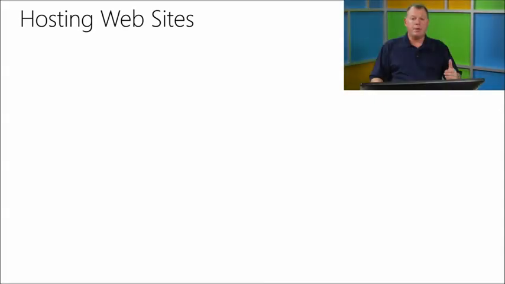Typically, you'll have server operating systems in the back end hosting these websites and web applications. We talked about IIS, which is Microsoft's implementation, but if you're running on a Linux machine, maybe you're going to run Apache. So there's a bunch of different types of website hosting or server hosting applications out there.